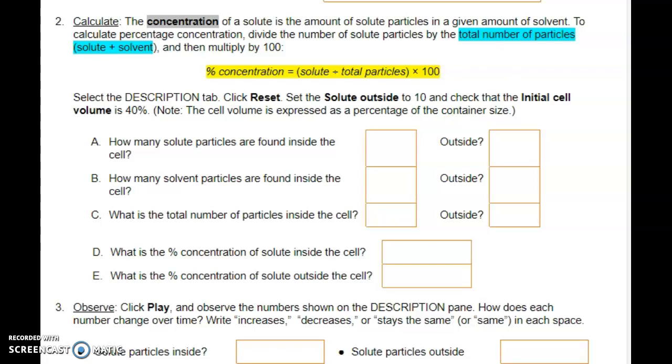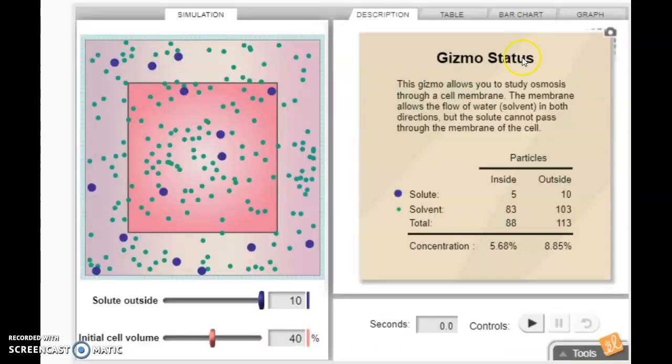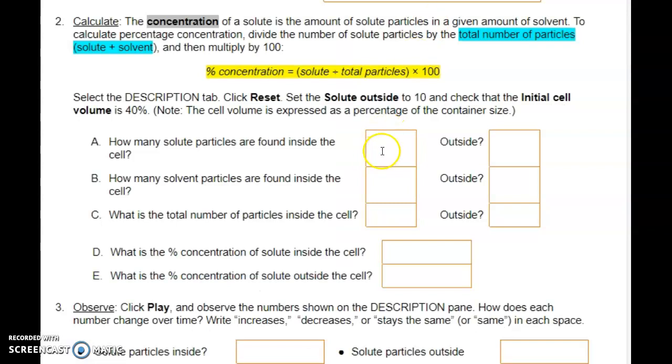So as an example, right now, even though I haven't clicked play yet, for my concentration inside, I'm going to take the number of solute particles I have on the inside, which is 5. Then I'm going to take a look at how many are on the outside, which is 10. Okay, so the percent concentration of solute inside the cell, you're going to take the number that you get up here.